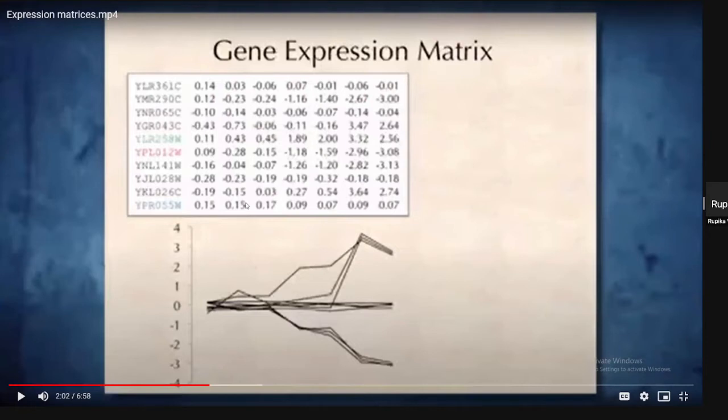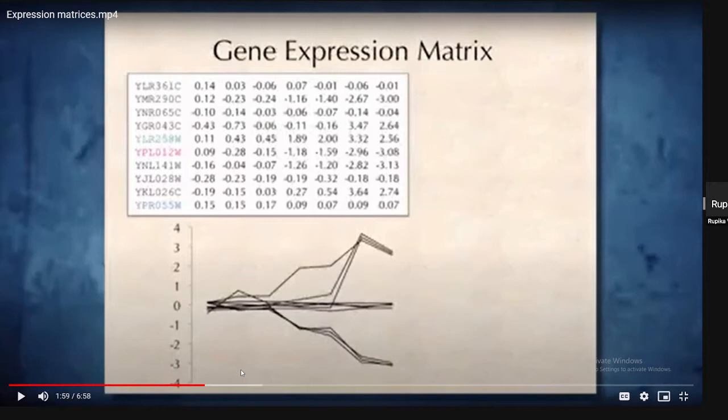Now here, some more genes are considered. This yeast has, I can't remember correctly, something like 6,000 genes.